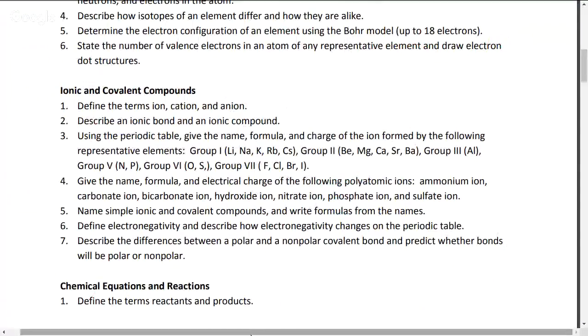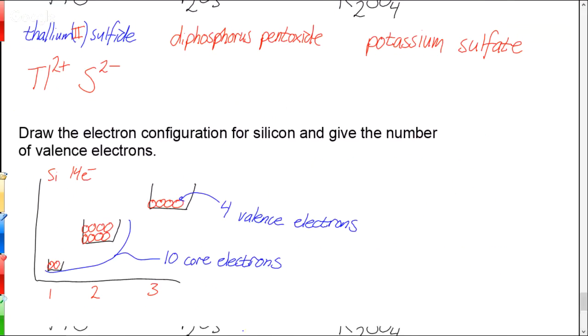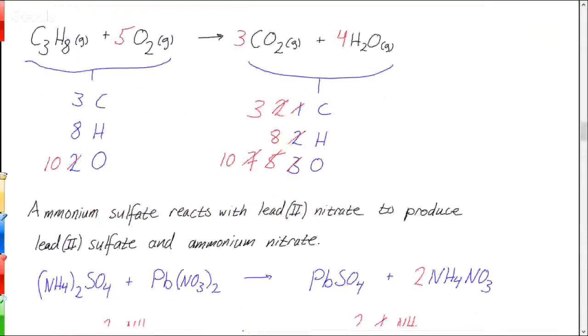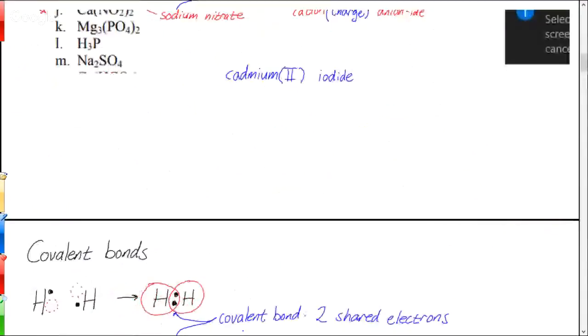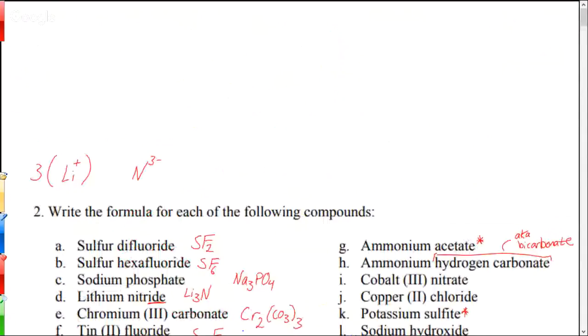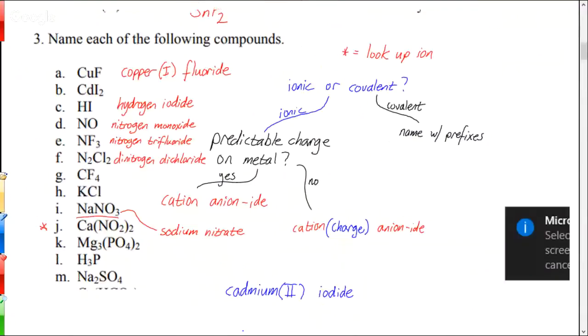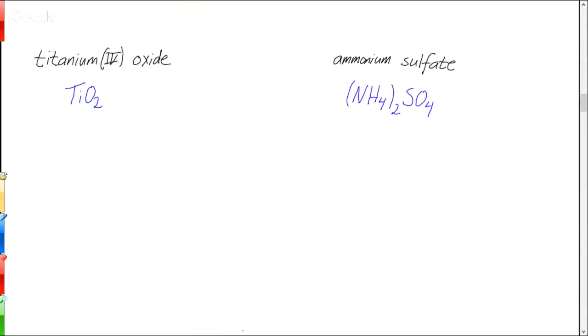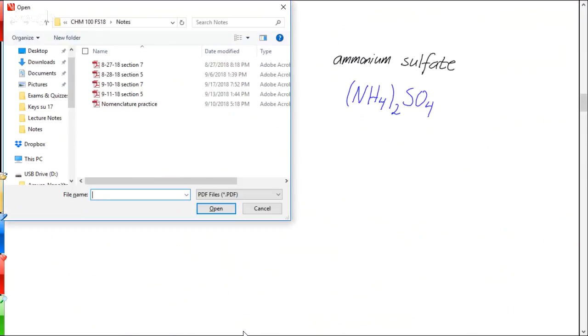Number 4. So that's the 7 polyatomic ions that you need to know. Yeah. So that's saying we can go back to that chart. I don't remember which batch of notes it was in. Not that one. The other batch of notes.